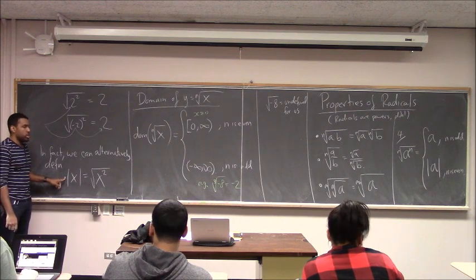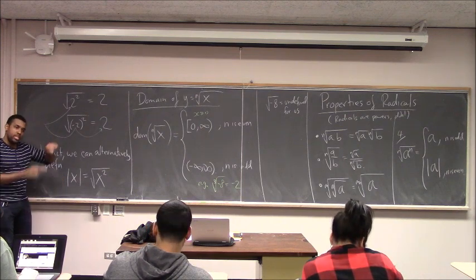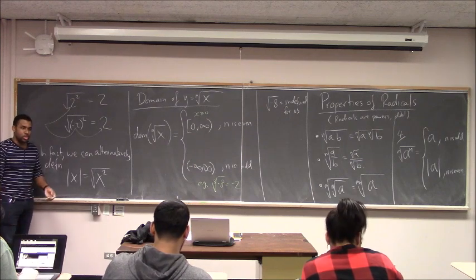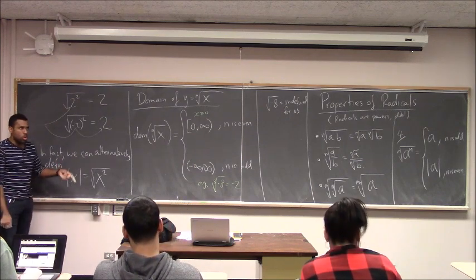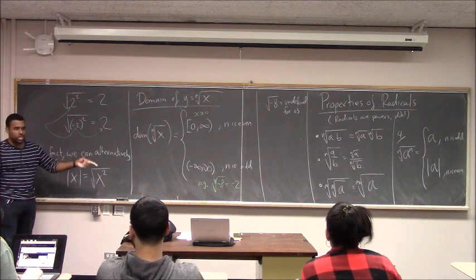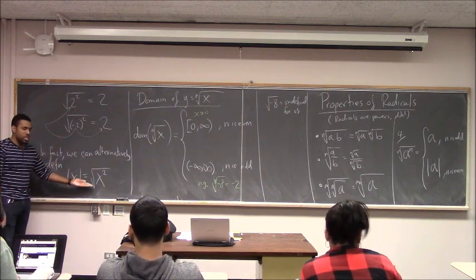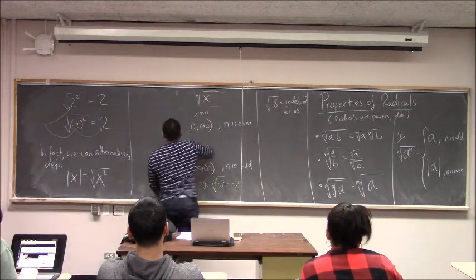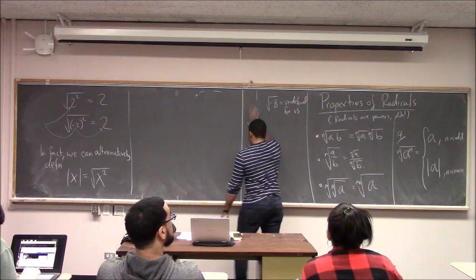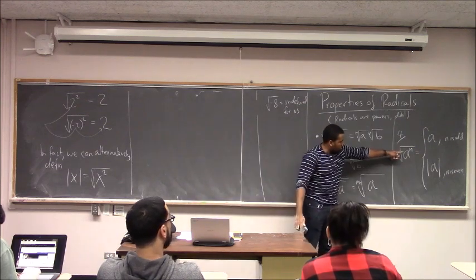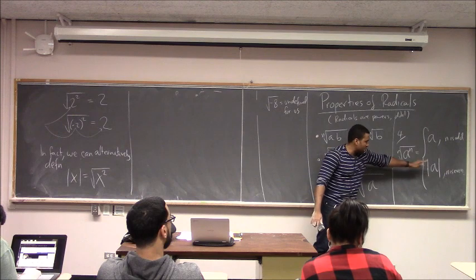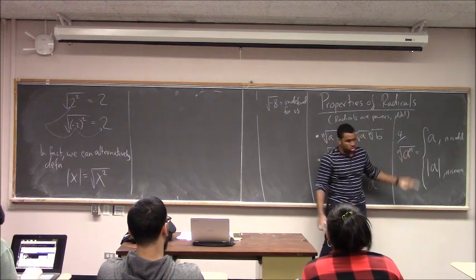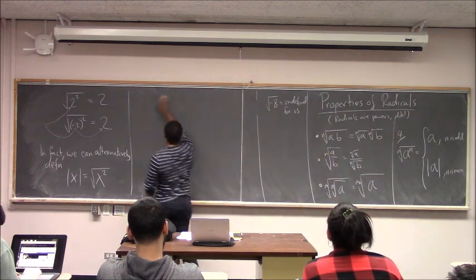But you should know the piecewise definition of absolute value of x also, because that's very useful. In more cases than not, you would find the piecewise definition more useful, but this does come up. So if you have an even radical on top of an even power, you're actually getting an absolute value. That will always return a non-negative number, because raising to an even power kills any negatives.